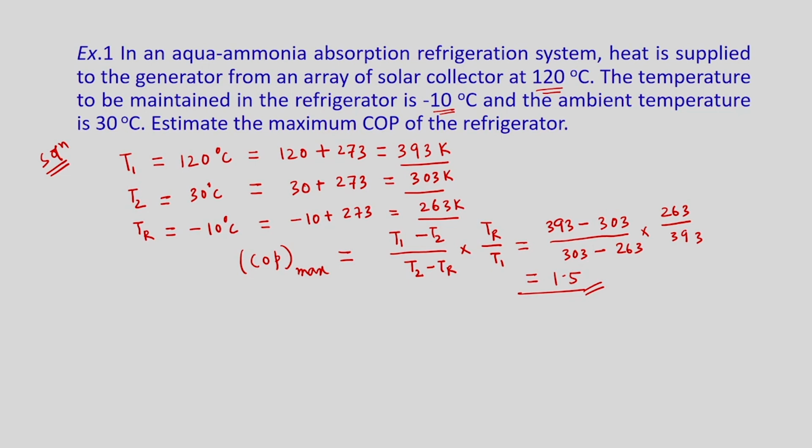Now, if we are interested in the actual COP, this is the maximum that we have calculated. If we say the actual COP is 40% of the maximum COP, then what will happen?